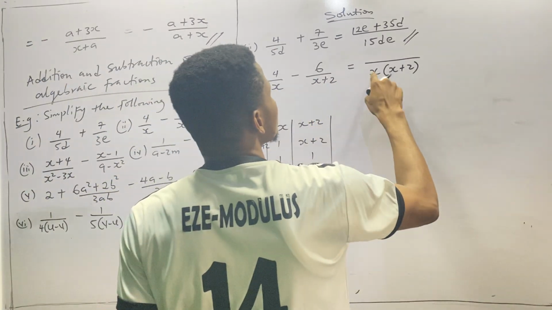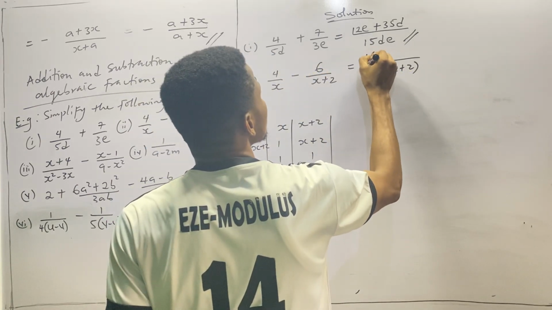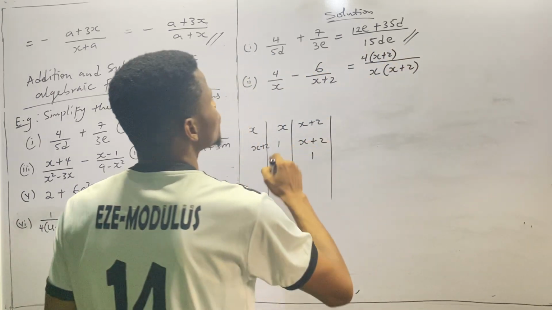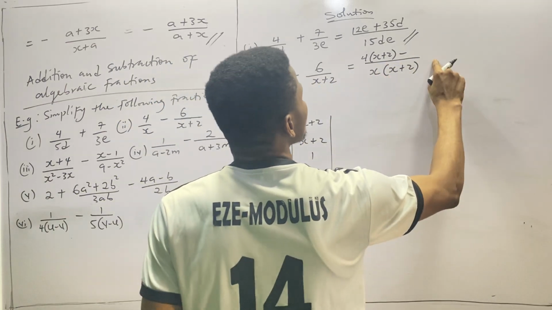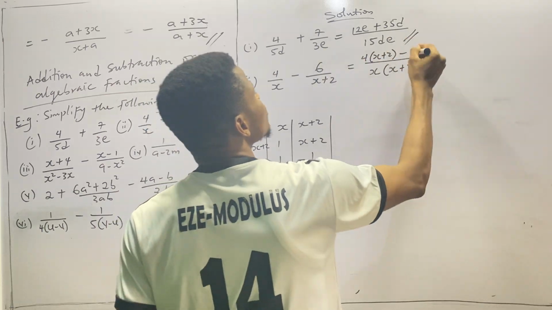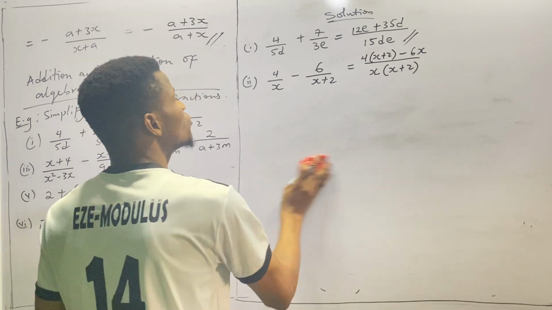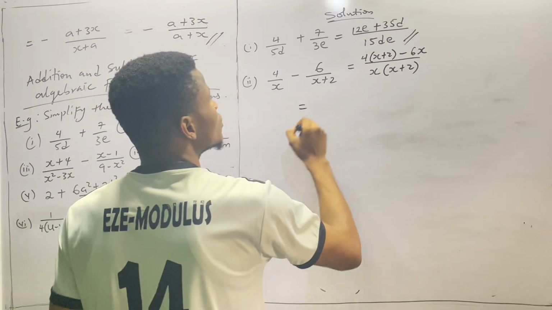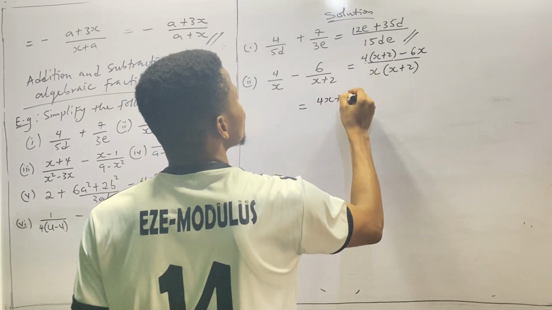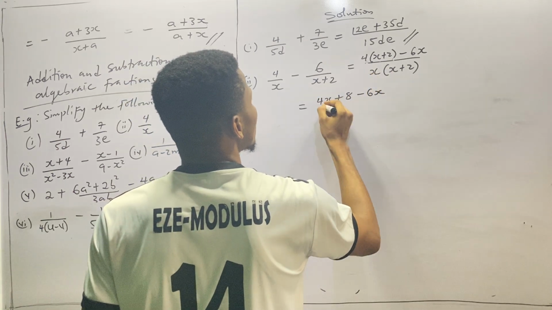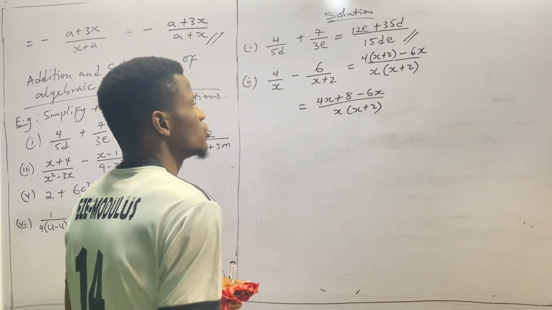So this divides this, x will cancel itself, remaining x plus 2. x plus 2 times 4 should be 4 into x plus 2. What sign is here? Minus. This divides this, x plus 2 cancels x plus 2, remaining x. x times 6 to be 6x. So if you open a bracket here, 4 times x, 4x, 4 times 2, 8, minus 6x, all over x into x plus 2.